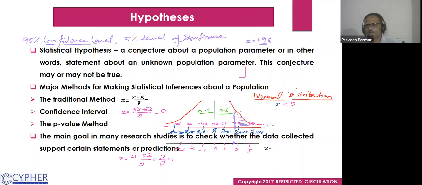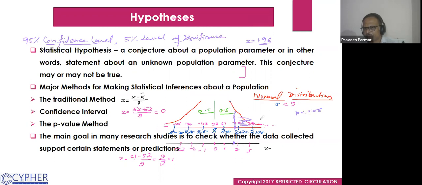So if your p-value is smaller than 0.05, meaning 5%, 0.05 we convert to a percent, so if it's less than that, then it will come here.